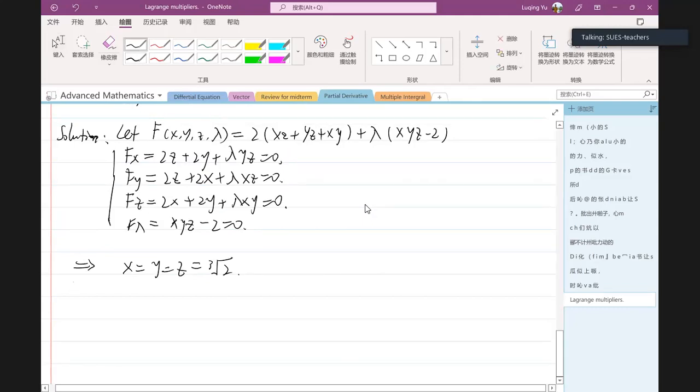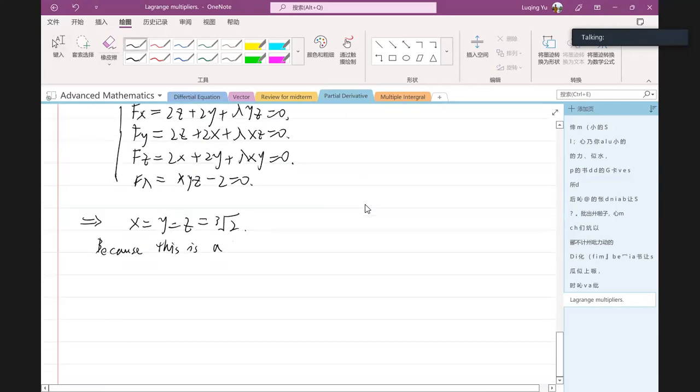When you are doing this type of question, these are application questions.